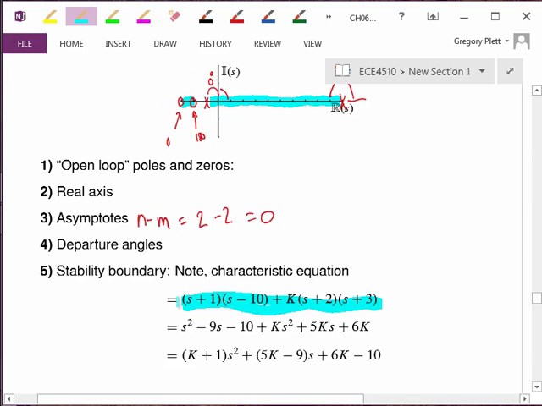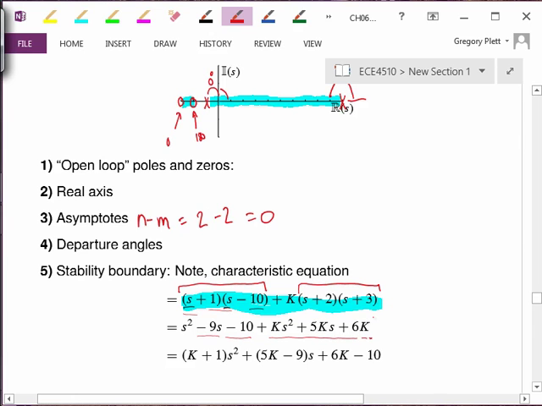So multiplying out the first factor, s times s is s squared. I've got 1s, I've got minus 10s gives me minus 9s overall, and then plus 1 times minus 10 gives me minus 10, multiplying that first term out. Multiplying the second gives me k multiplying s squared, and the sum of 2s and 3s is 5s, and then the product of 2 and 3 is 6, so I've got k multiplying s squared plus 5s plus 6.